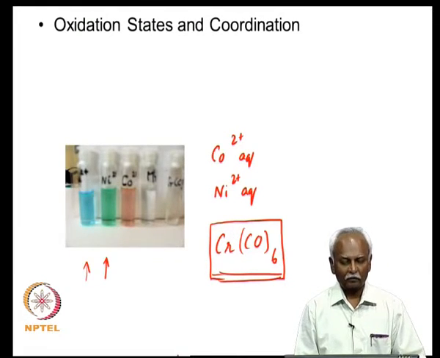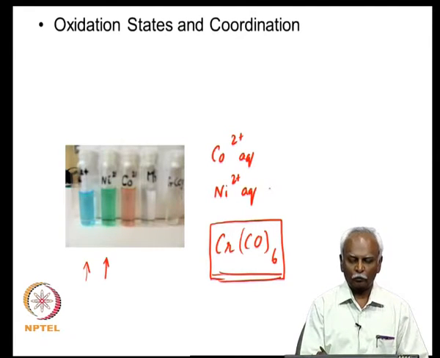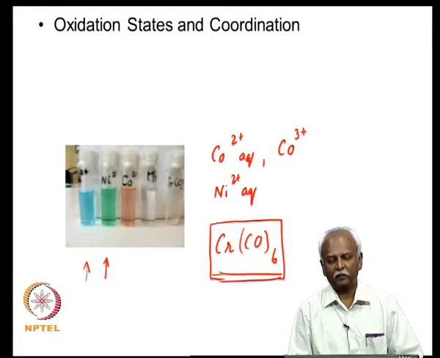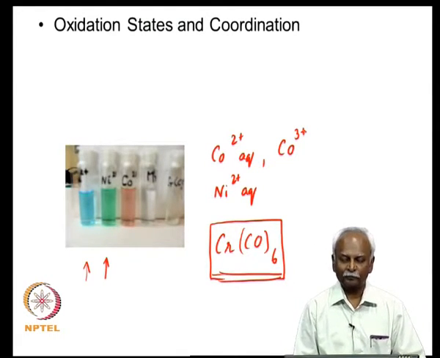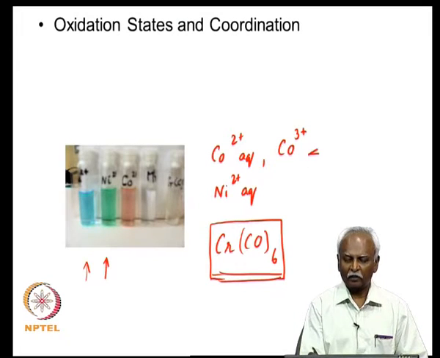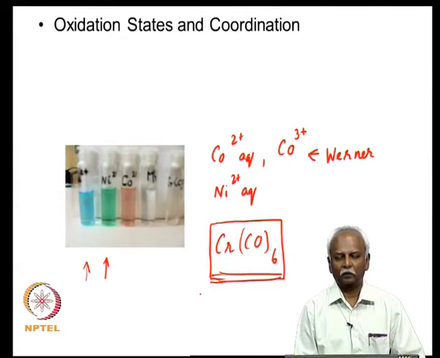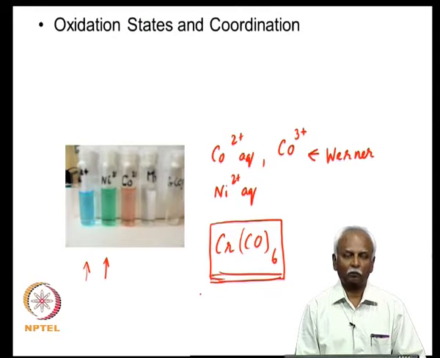Nickel tends to form only 2+ complexes, but cobalt can be cobalt 2+, it can also be cobalt 3+. So, variable oxidation state is a characteristic of Werner's chemistry, whereas organometallic chemistry tends to stick with simple neutral complexes when it comes to homoleptic carbonyl complexes.